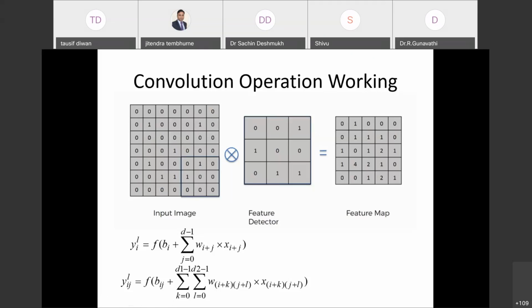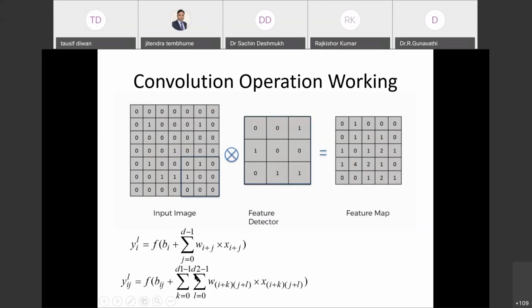If the stride is 2, will it affect the output volume or not? You are applying on this region first, and after that you shift by 2 and apply on this region. So it depends on the stride also. This is the formula for getting the output. This weight is multiplied by this input in a 2-dimensional case, and this weight is multiplied by this input in a 1-dimensional input.